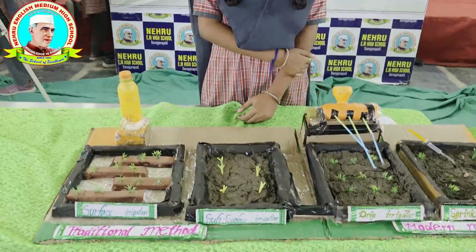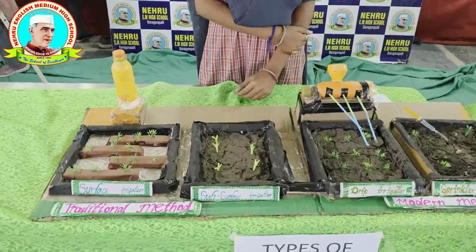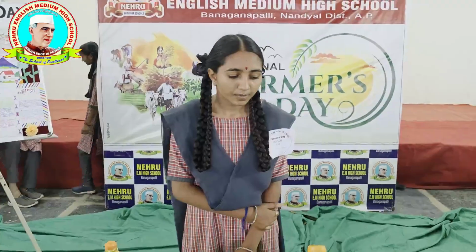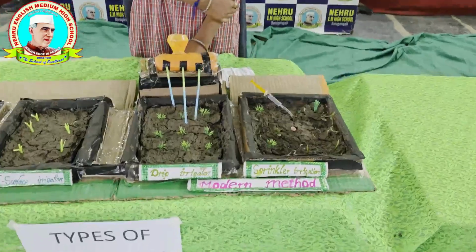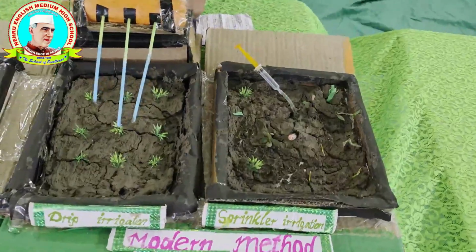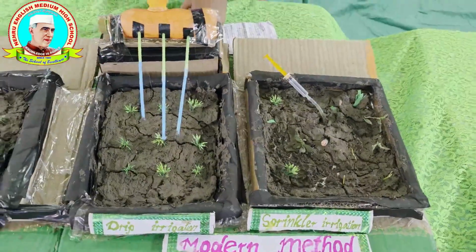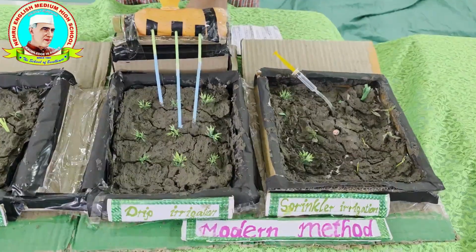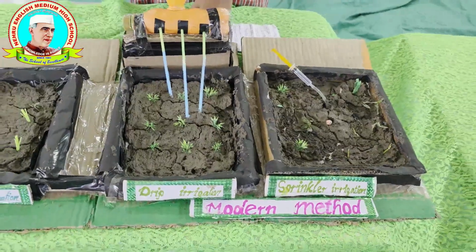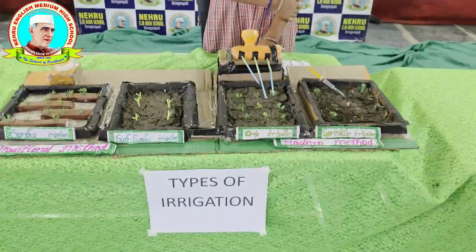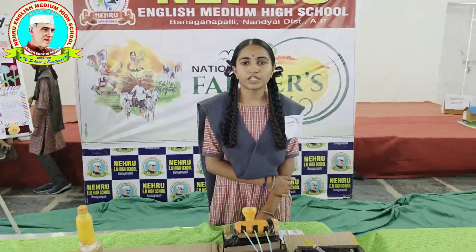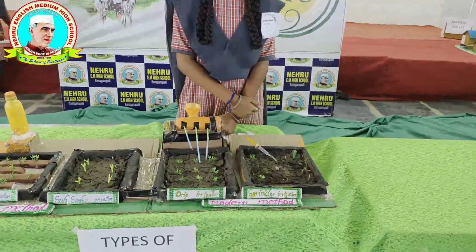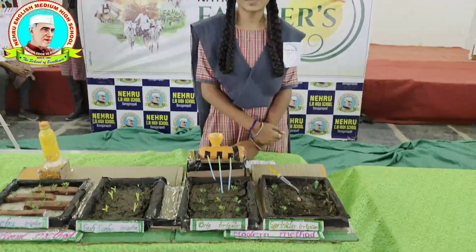Subsurface irrigation waters the crops using very little water, which is very useful. The modern method is the newest, an advanced technique for supplying water to crops. It is divided into drip and sprinkler methods. In the drip system, water goes directly to the roots drop by drop. The sprinkler system is like raining on the crops.